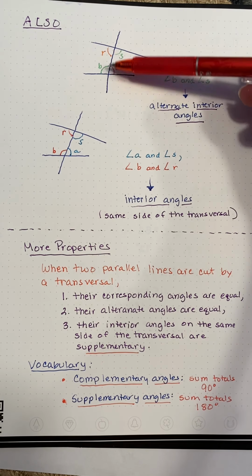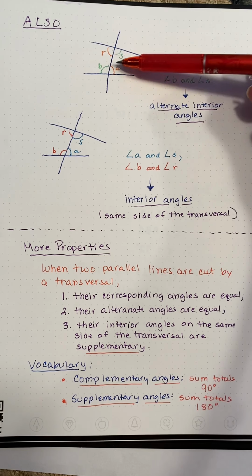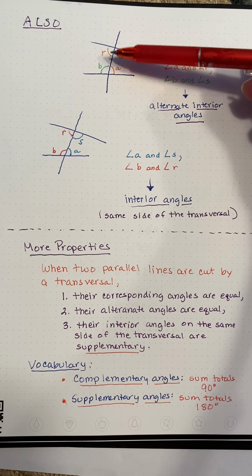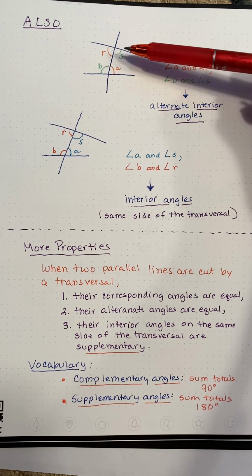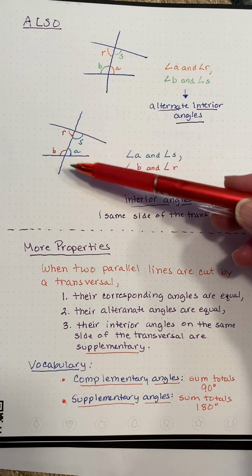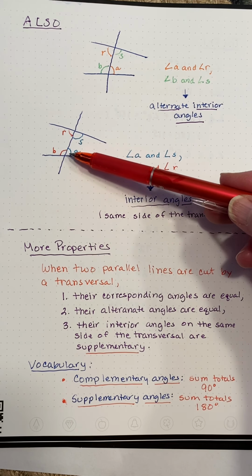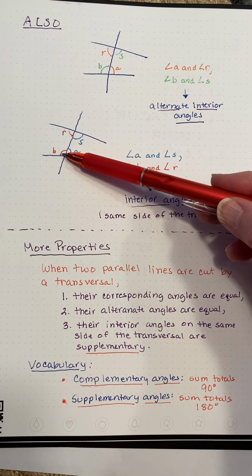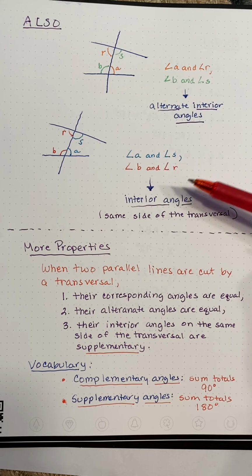So they are within the interior of the figure, and they are just one on each side, one on the bottom, one on the top. Then we also, within the interior angles, have them both on a side. So A and S are interior angles, and B and R are interior angles, and those would be on the same side of the transversal.